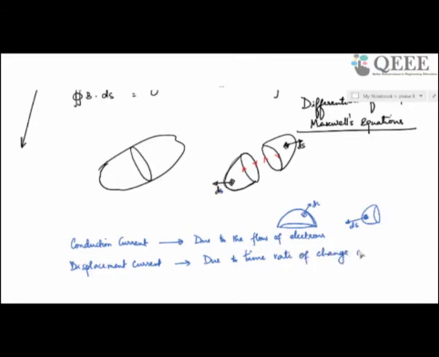Displacement current is due to the time rate of change of electric flux.